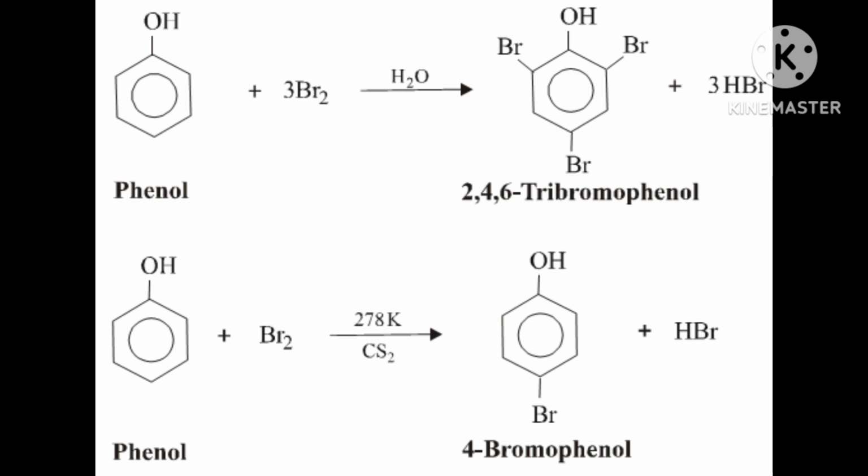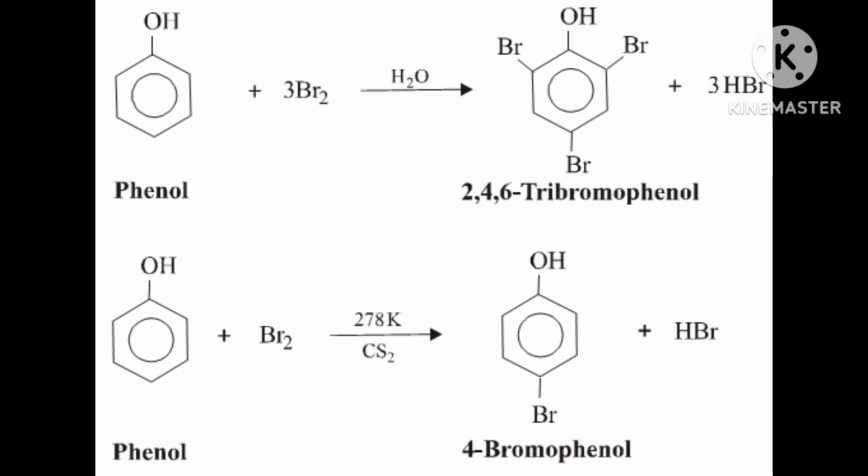It will mix with the steam due to intramolecular hydrogen bonding, while para nitrophenol is less volatile. It will not go with steam. Para-nitrophenol is less volatile due to intermolecular hydrogen bonding, which causes the association of molecules.